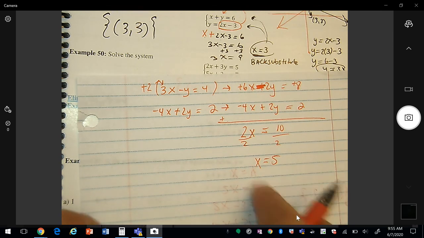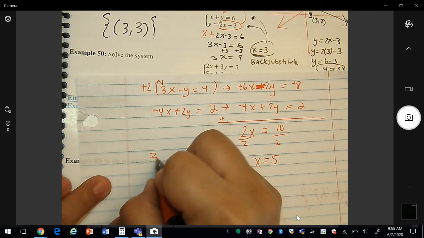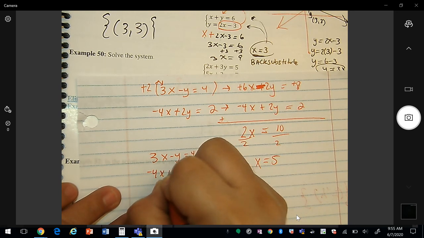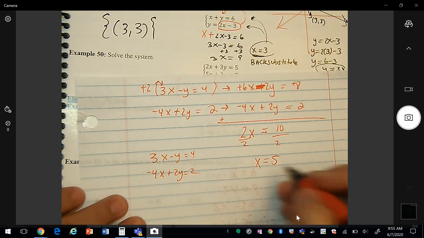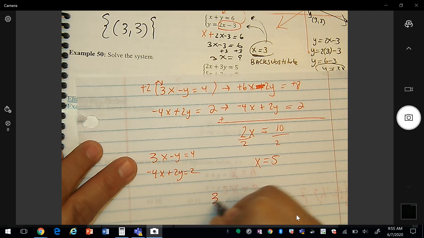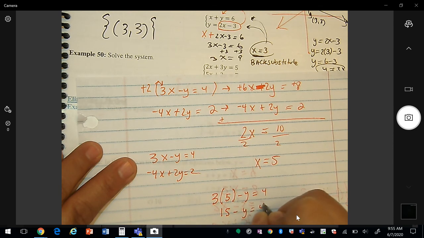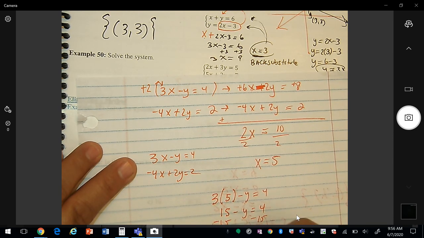Now that you know that x is equal to 5, then you have your two equations. So we're going to substitute that in. So 3 times 5 minus y is equal to 4. So we get 15 minus y is equal to 4. Subtract 15. Negative y is equal to negative 11.